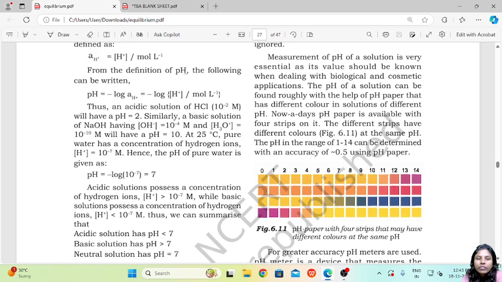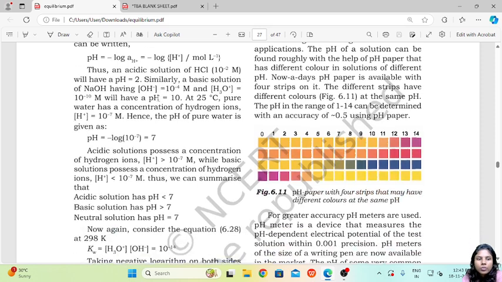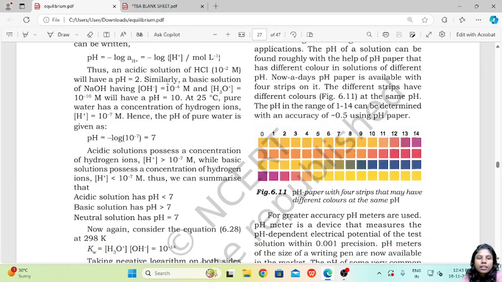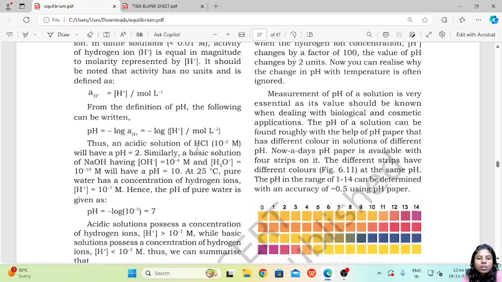So from the definition of pH, because we are talking in terms of logarithm, pH equals negative log of a_H+, which equals minus log of the concentration of H+ ions. Thus, an acidic solution of HCl, say 10^-2 molar, will have a pH of 2. Similarly, because here we are directly looking at an acidic solution of H+, this is the formula: pH equals minus log of [H+].